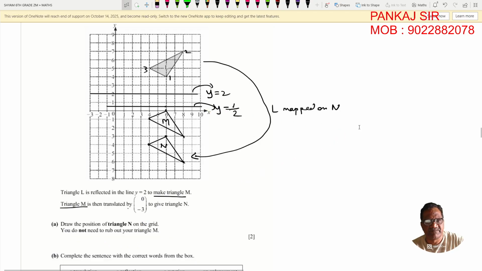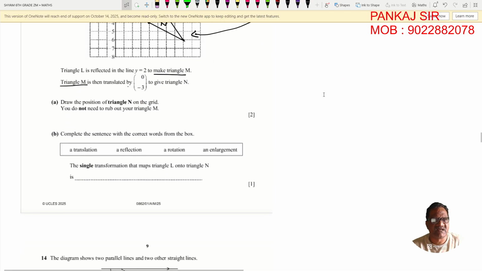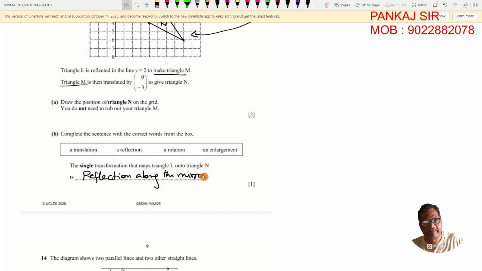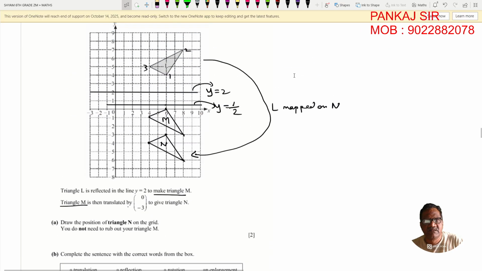So the answer will be a single transformation to map L onto N is reflection along the mirror line. Y is equal to half, right?